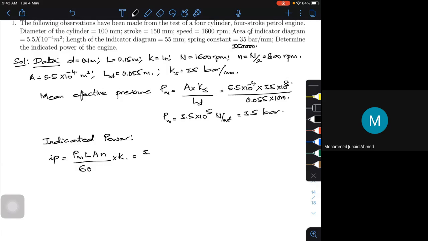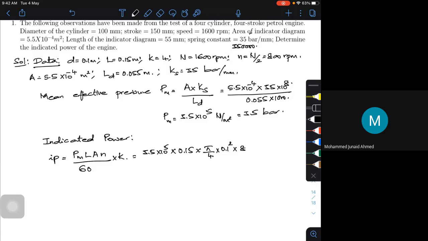I will substitute 3.5 into 10 to the power of 5, into your stroke length 0.15, into your area, which from the given diameter is pi by 4 into 0.1 squared, into your speed, which is 800 because it's a 4-stroke engine.